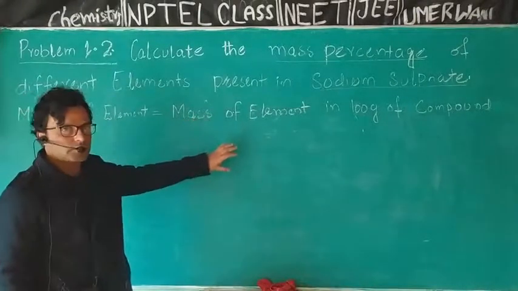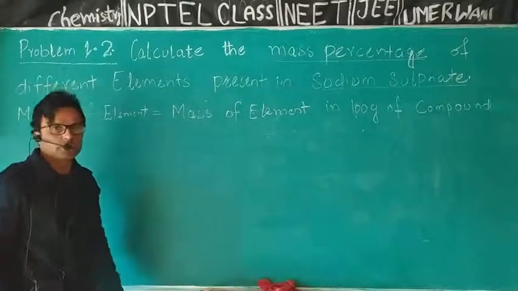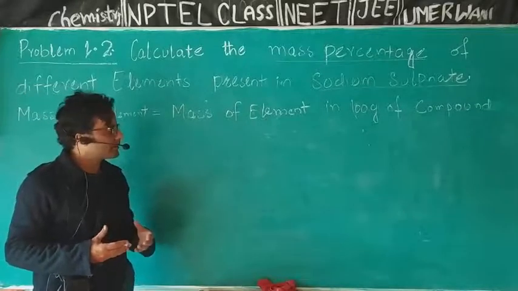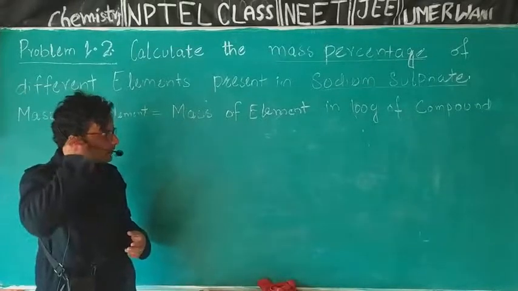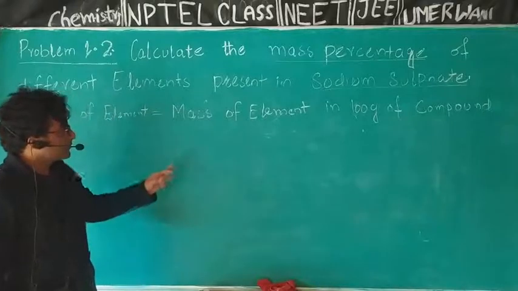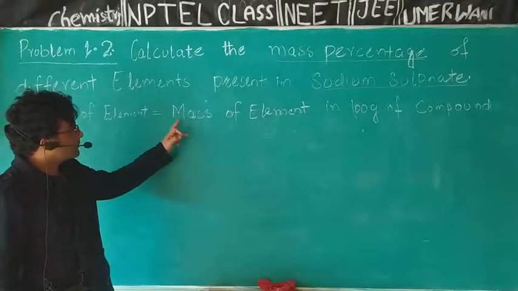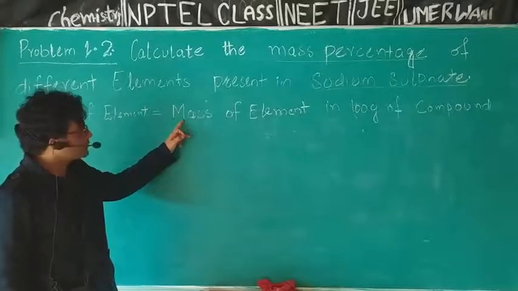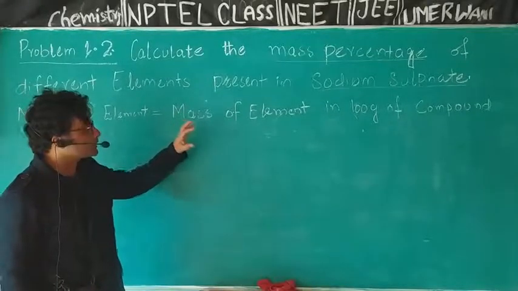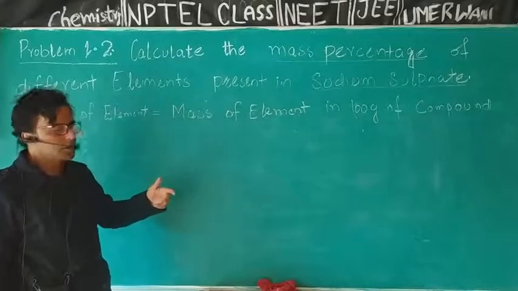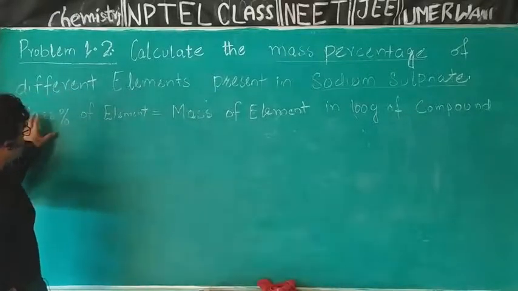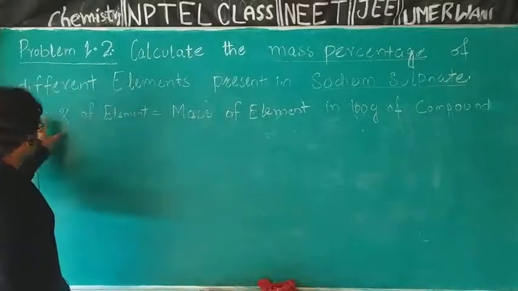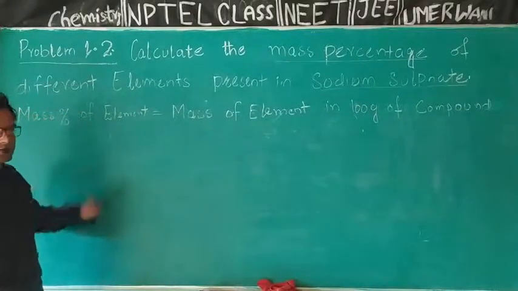Suppose we have 100 gram of compound, and if the contribution of the element in terms of mass in its 100 grams is 40, we will say the mass percentage of the element in this compound is 40. This is the meaning of mass percentage of an element.